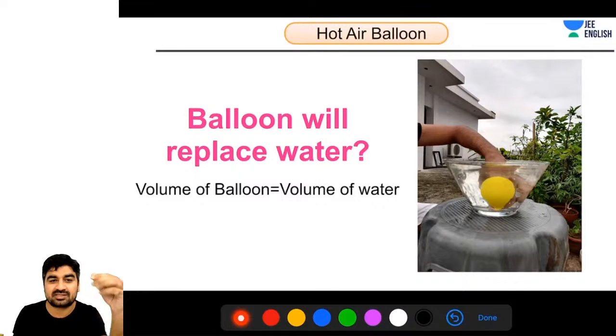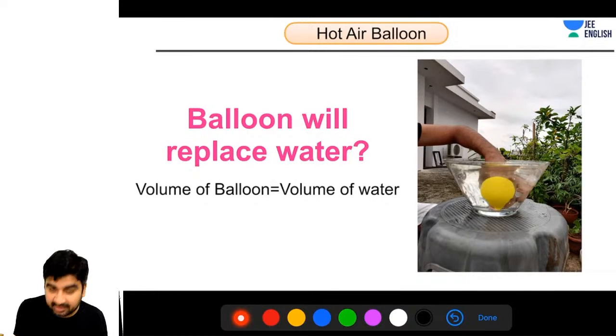Here you can see it is my hand and the balloon is inside the water, and I have applied some force to hold it, because if I don't apply the force, this balloon will jump away, right? So what is going on?